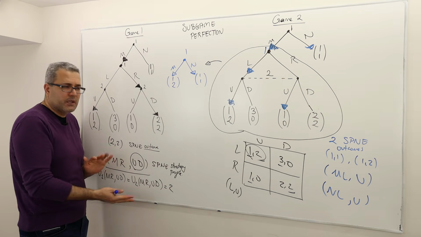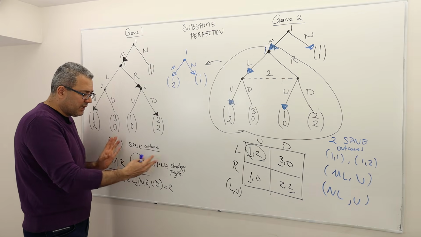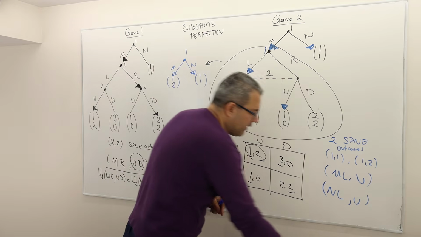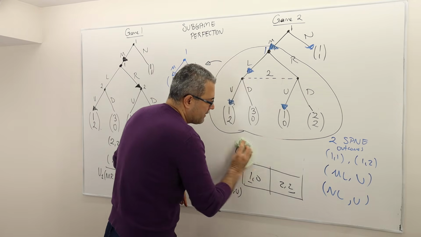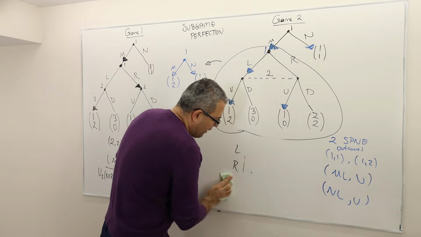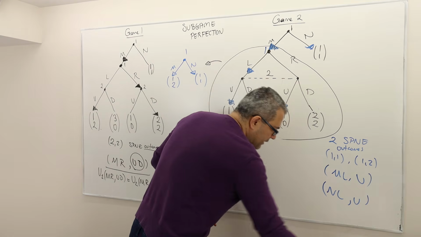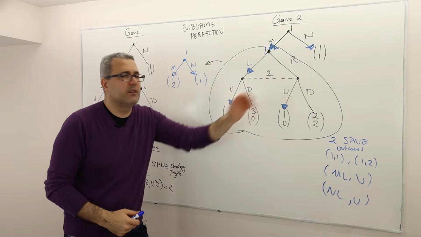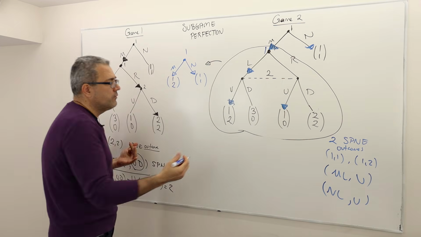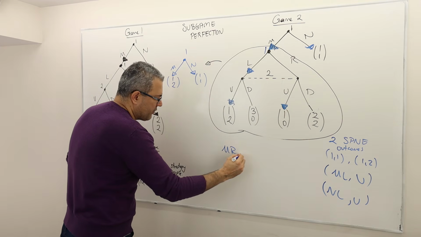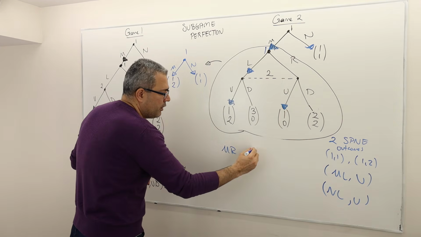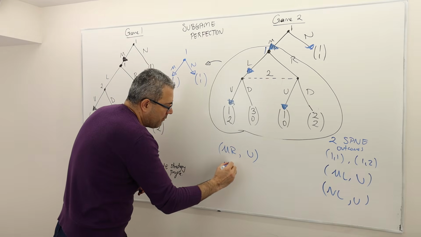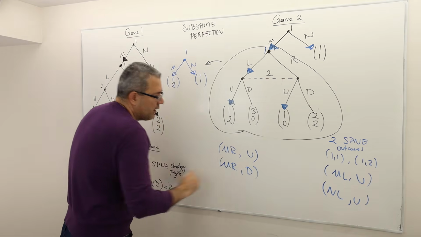It's either U or D. But you know what? We can translate this strategy profile to fit this game, right? How so? For example, we can say, all right, if you are player 2 and cannot distinguish between this decision node and this decision node, why don't you, for example, play this strategy profile, MRU, okay? Or, I don't know, MRD.